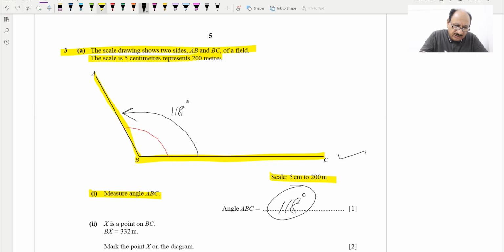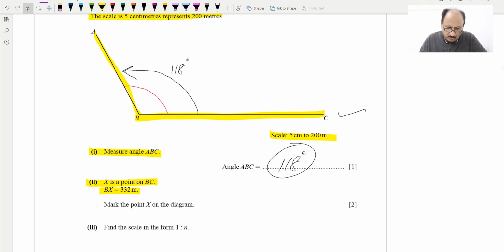Next part, they are saying X is a point on BC and BX is equal to 332 meters. Mark the point X on the diagram. So we have to convert 332 meters according to the scale provided here.